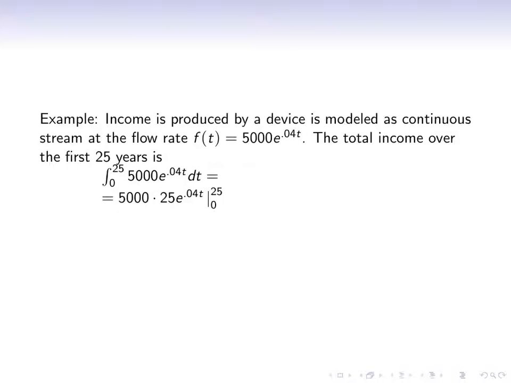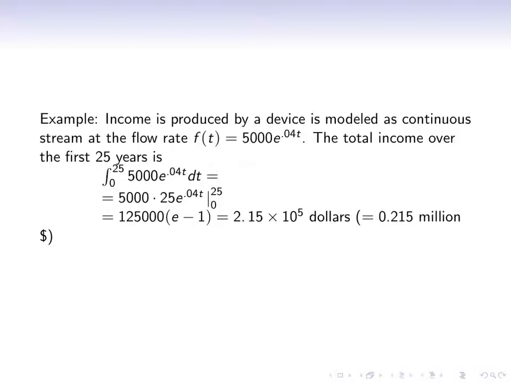That then is equal to 5,000 times 1 over 0.04, so the 1 over 0.04 is 25, times e to the 0.04 t. You evaluate that and you get 125,000 times e to the 1 minus e to the 0, which is 1. And then it turns out to be about $0.2 million, or 215,000.